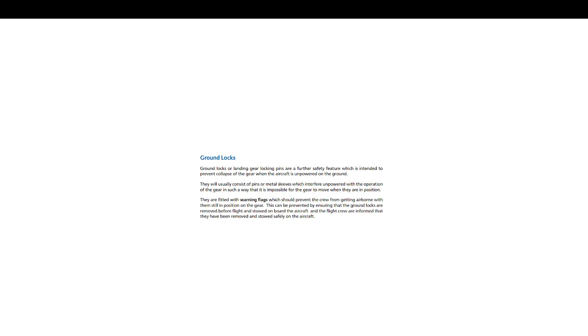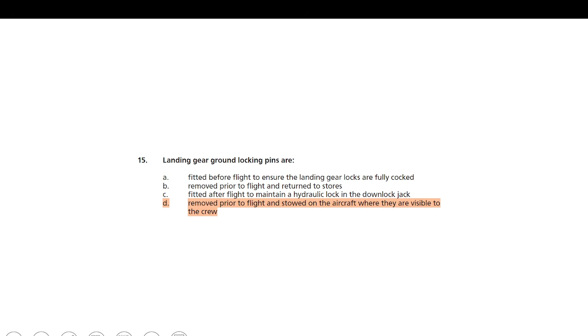They will usually consist of pins or metal sleeves which interfere with the operation of the gear in such a way that it is impossible for the gear to move when they are in position. They are fitted with warning flags which should prevent the crew from getting airborne with them still in position.